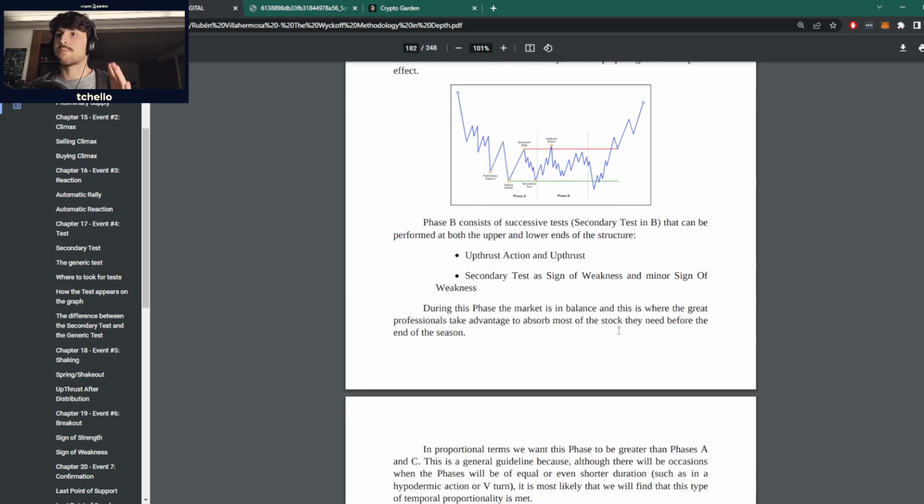So what we need to think about in phase B is the building of the narrative. Building of the narrative that Bitcoin is going to go down forever or that it's going to go up forever, so that they can maintain the price in a really tight range, even though the supply is really low or the demand is really low.